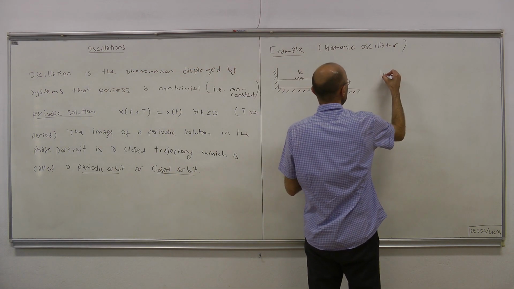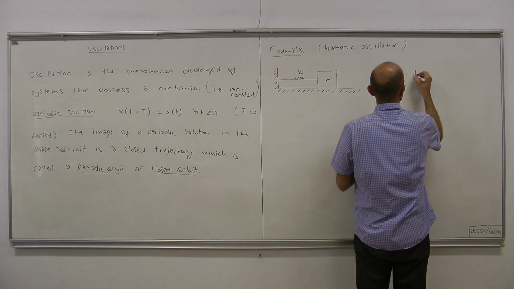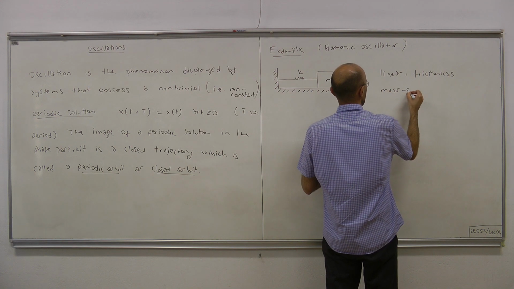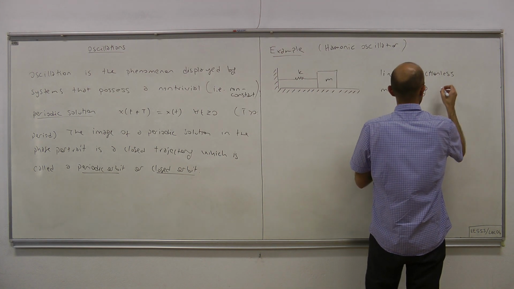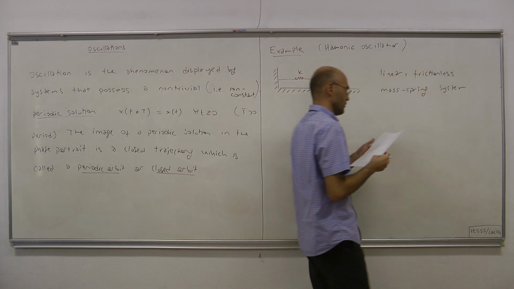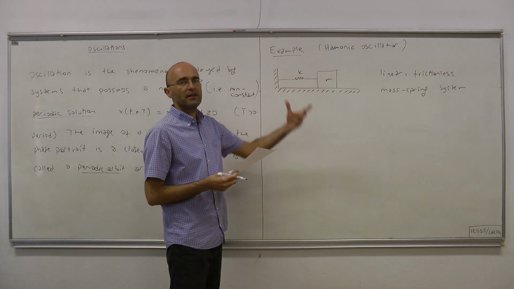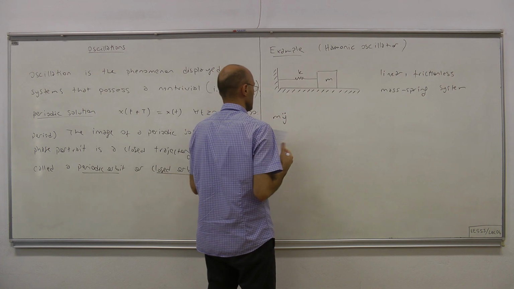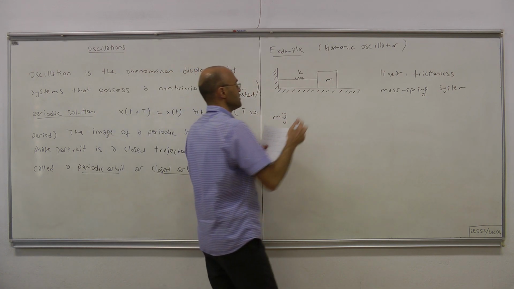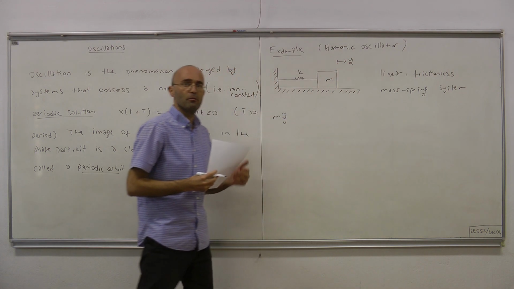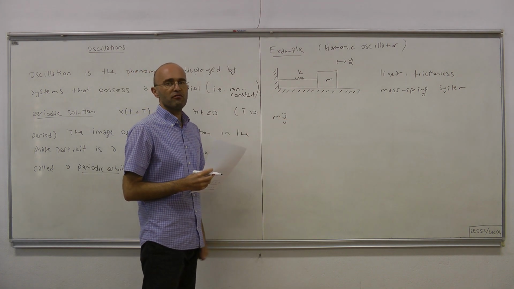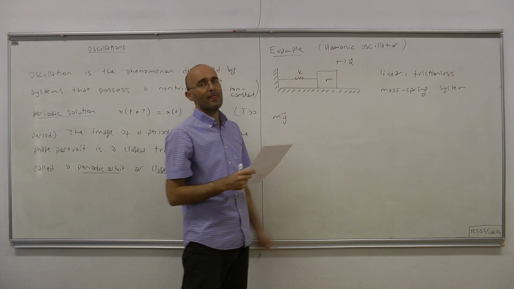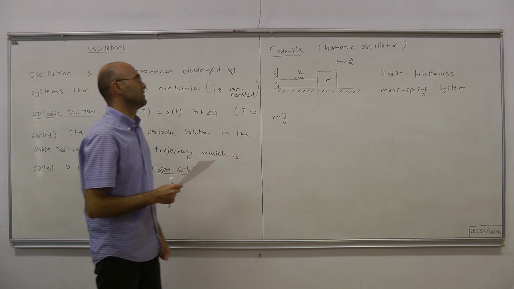Okay. A linear frictionless mass spring system, where the model comes directly from Newton's law and Hooke's law together. y double dot, where y is the displacement of the block from the equilibrium position, times m equals the force acting on the block, and the force acting on the block is the force due to the spring, and that force is always in the opposite direction.